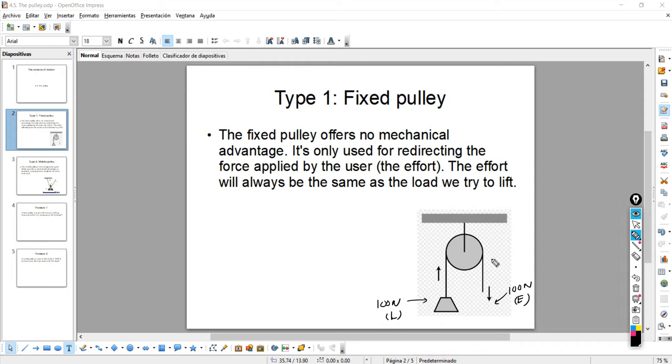But in this case, this thing doesn't provide any mechanical advantage. It's only used for redirecting the force applied by the user, which, as we know, is the effort. So the effort will always be the same as the load we try to lift. That's basically the whole thing for the fixed pulley.